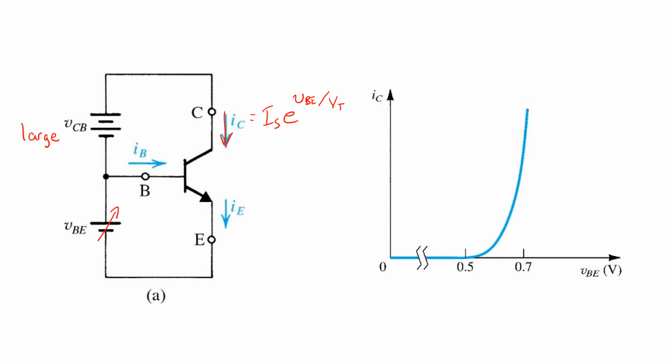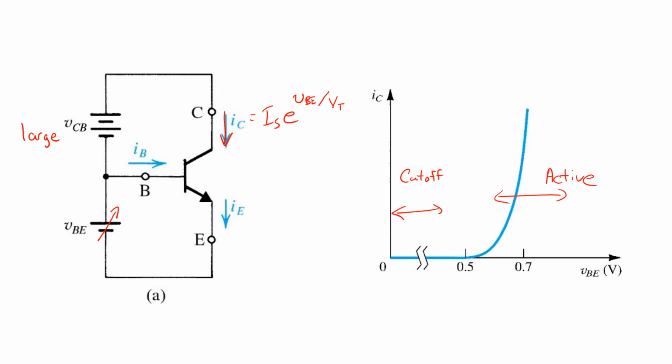So for small values of VBE, there's hardly any current flowing, and the transistor is said to be in cutoff. Once we get to forward voltages of, let's say, 0.6 and beyond, the transistor enters active mode and the collector current increases rapidly.